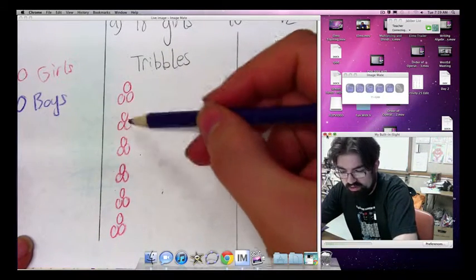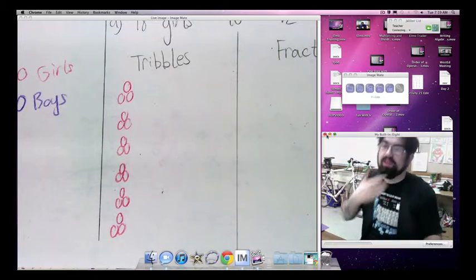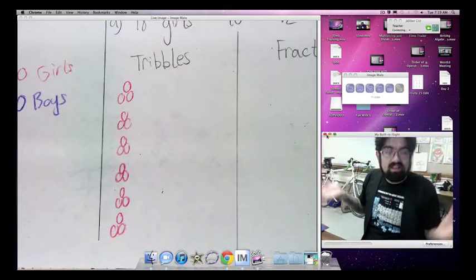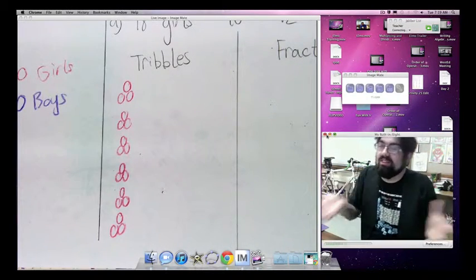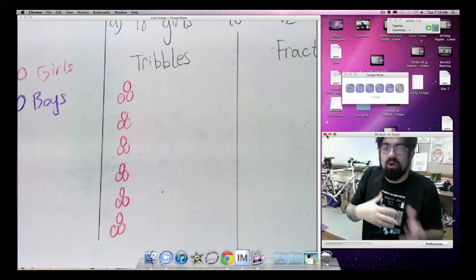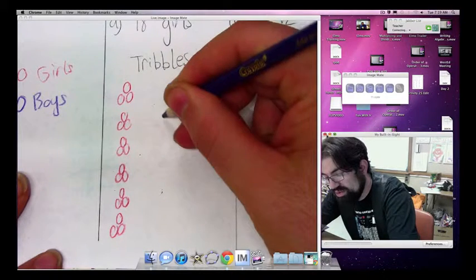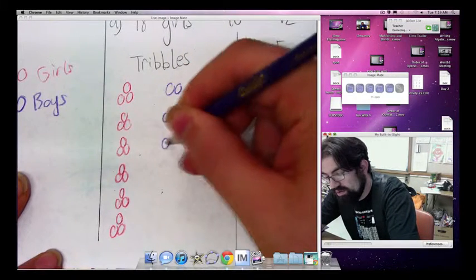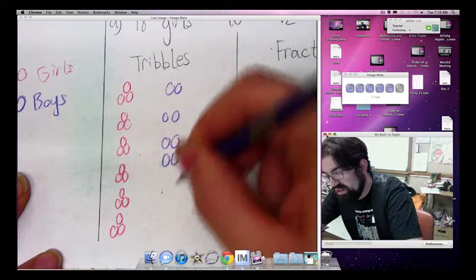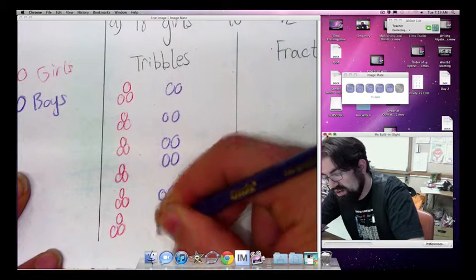I got 1, 2, 3, 4, 5, 6. 18 divided by 6 is 3. That's why there are 3 in every group. Can I divide 12 by 6? I can. 1, 2, 3, 4, 5, 6, 7, 8, 9, 10, 11, 12.